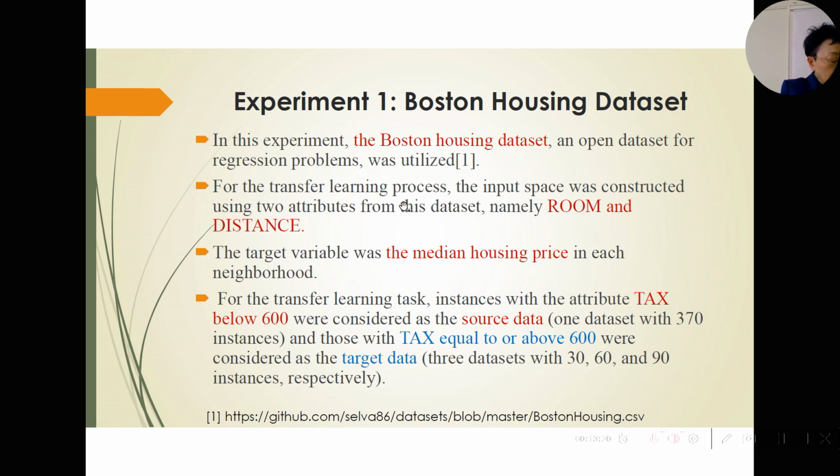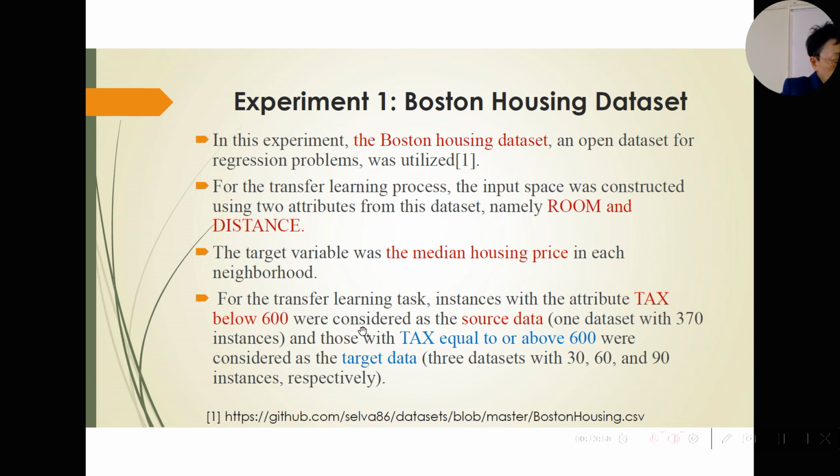For the transfer learning process, the input space was constructed using 2 attributes from this data set: room, meaning the average number of rooms in each neighborhood, and distance, meaning the distance from each neighborhood to 5 employment centers in Boston. The target variable was the median housing price in each neighborhood.